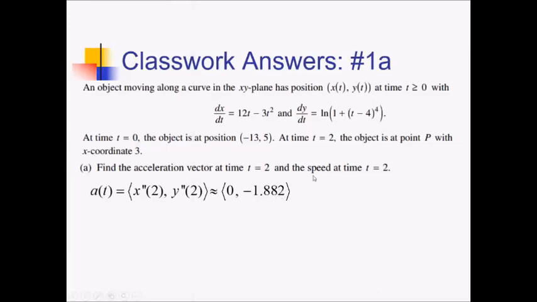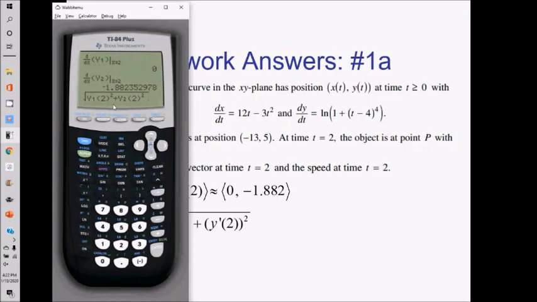Next, we still want the speed at time 2. So I'm going to need the Pythagorization of my velocity vector here. So in other words, square root of x prime of 2 squared plus y prime of 2 squared. Let me go ahead and do that now.